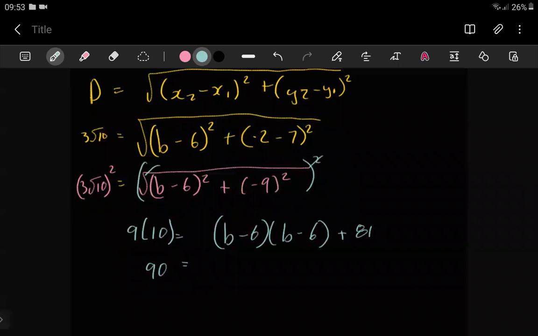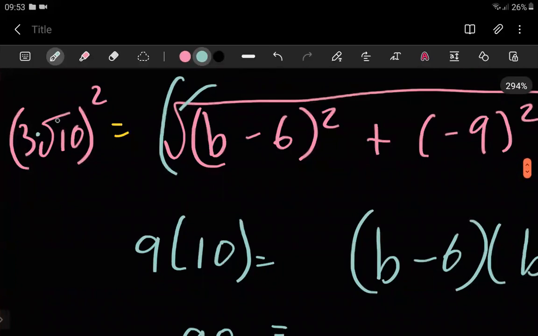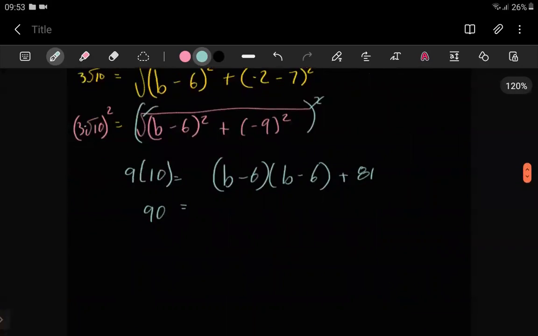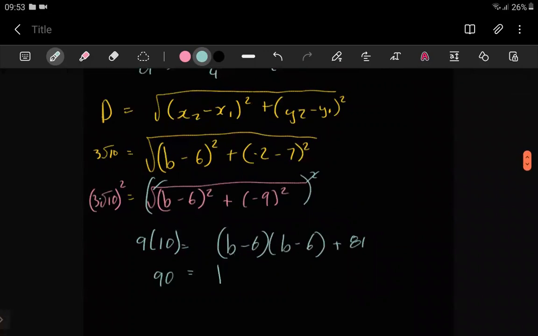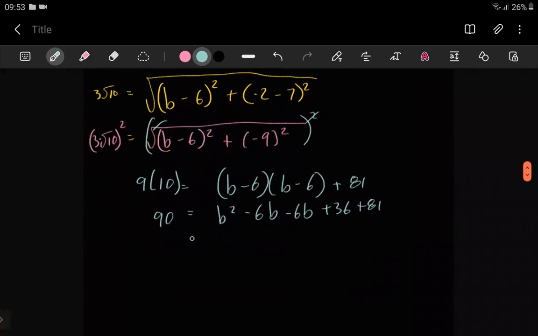Our exponential laws will always tell us that if two things are being multiplied together, an exponent goes for each of them individually. So here b times b is b squared, -6b, -6b, plus 36 plus 81. Then we have b squared minus 12b.